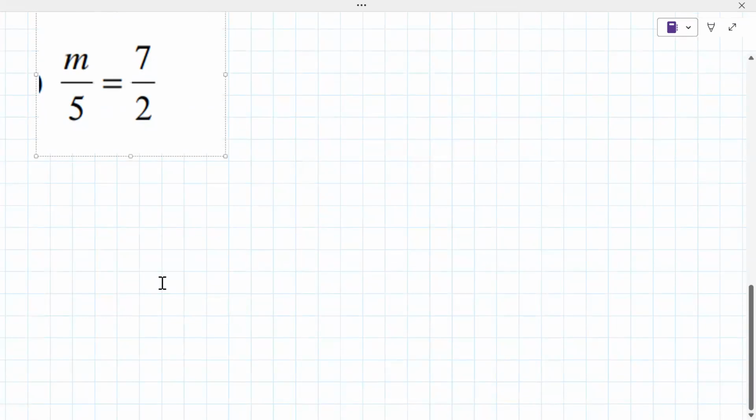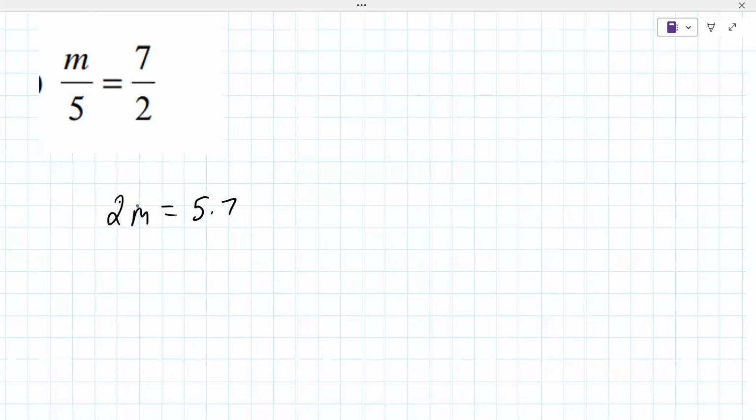Here's a new problem to try: m over 5 equals 7 over 2. So would it be 2 times m and then 5 times 7? Yes, 5 times 7. 2m equals 35.